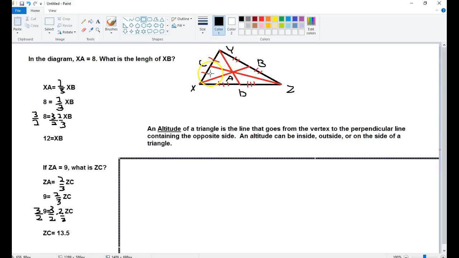What I'm trying to say is that the line you're looking for doesn't always have to be inside the triangle. We'll get more into that in a bit. So we're going to do some examples where we're given some things and we have to identify whether it's a median, an altitude, or neither of them.